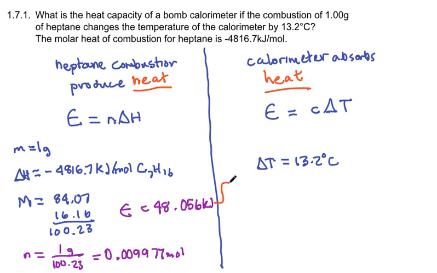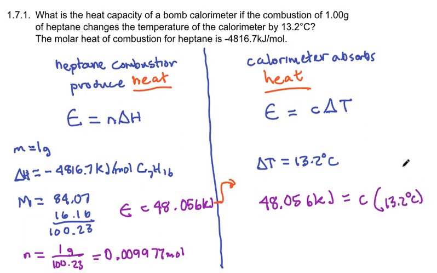So now, over here, this total enthalpy, we can write 48.056 kilojoules equals a C I don't know times 13.2 degrees Celsius.